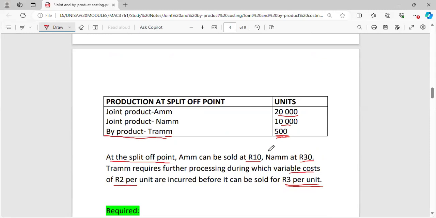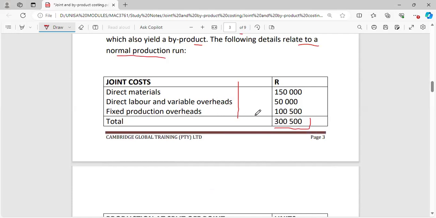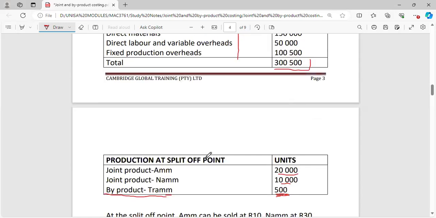Anyone who can just briefly explain how we are going to calculate the joint cost to be allocated to the joint products? I'm not saying you should calculate, just explain how we are going to do it.